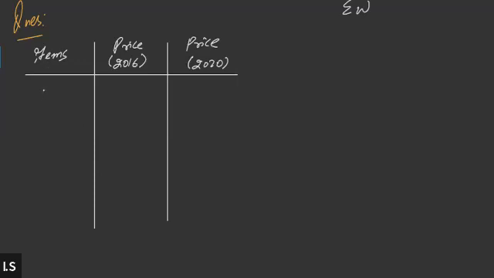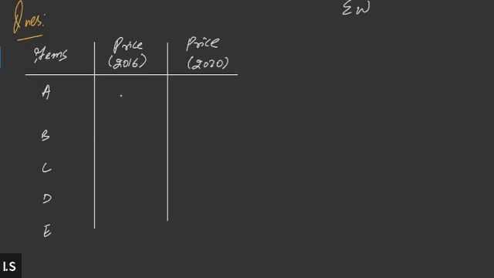So the items are, let's suppose, item A, B, C, D, E. Real items can also be taken: rice, onion, potato, wheat, oil, anything else. Right now I have taken items as A, B, C, D, and E.